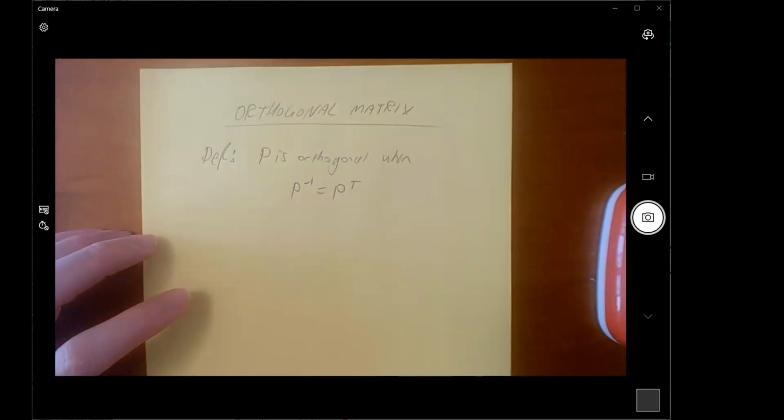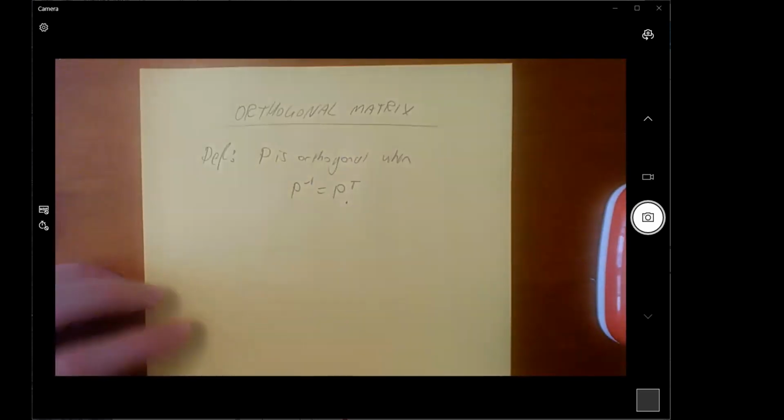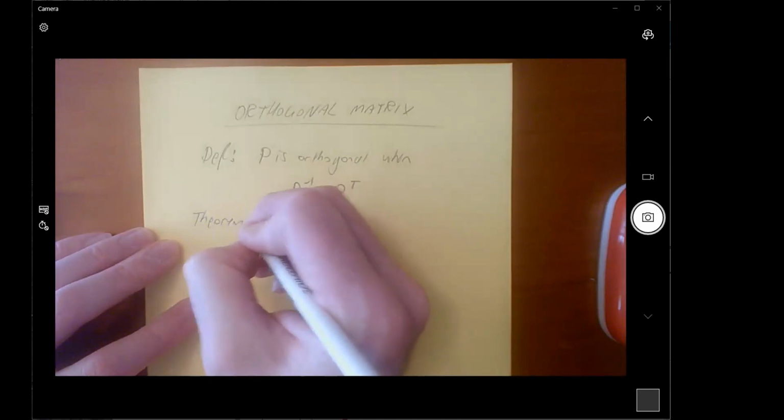That's the definition. It turns out that the only way to produce an orthogonal matrix is for the columns to be an orthonormal basis for R whatever. So it's like a theorem.